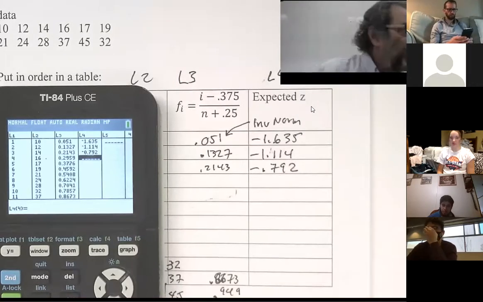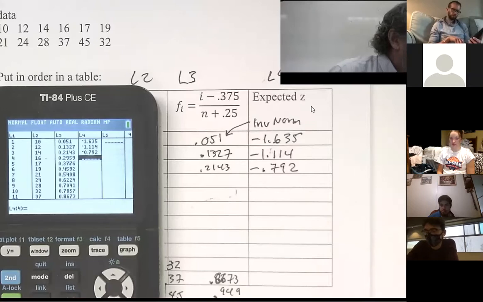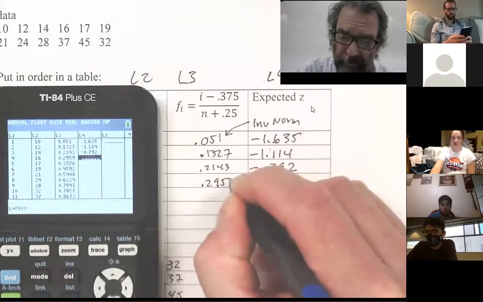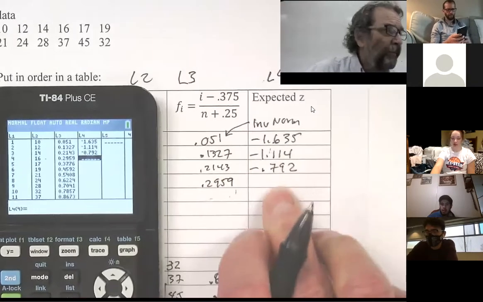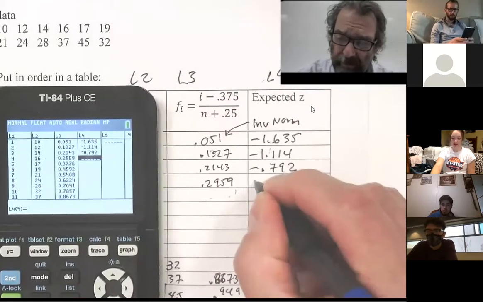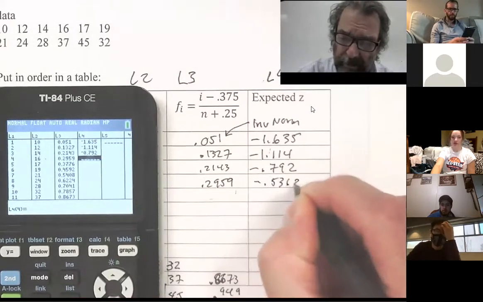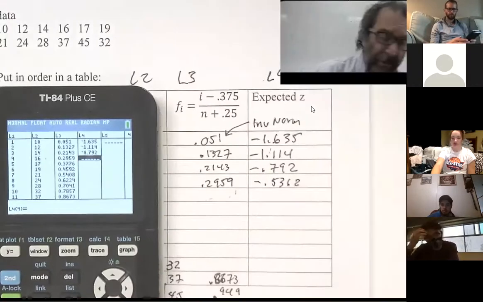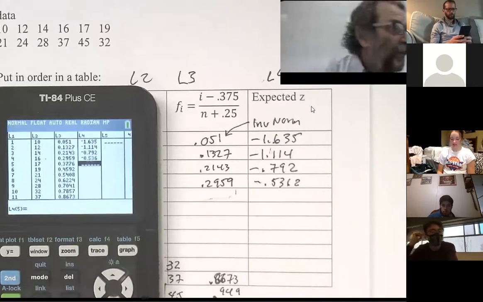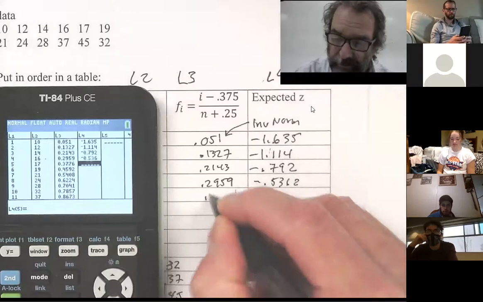Now I need some more help. The next one corresponds to 0.2959. Can somebody give me the number that goes here? Yeah, I have negative 0.5362. Thank you. Negative 0.5362, okay. And then we're looking at 0.3776.